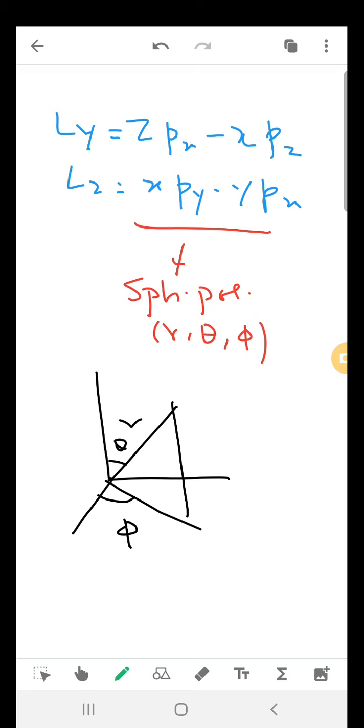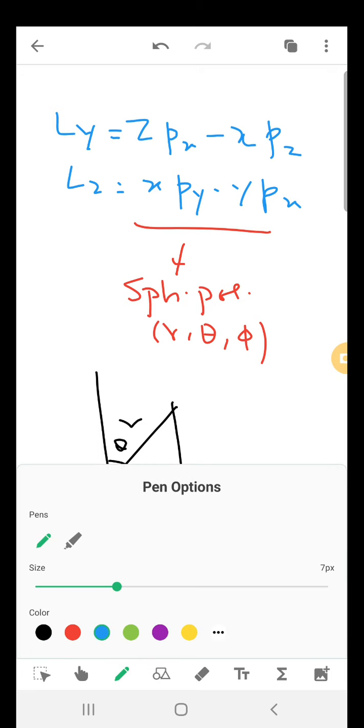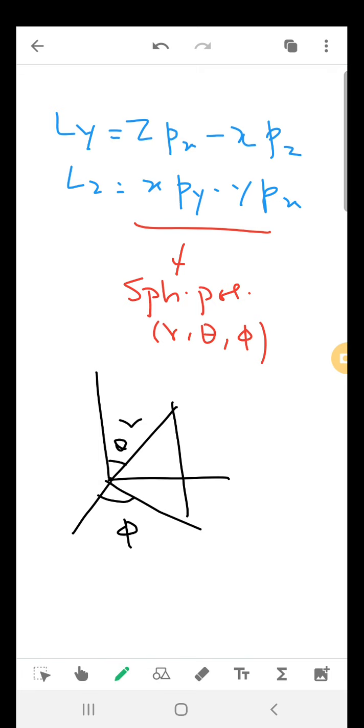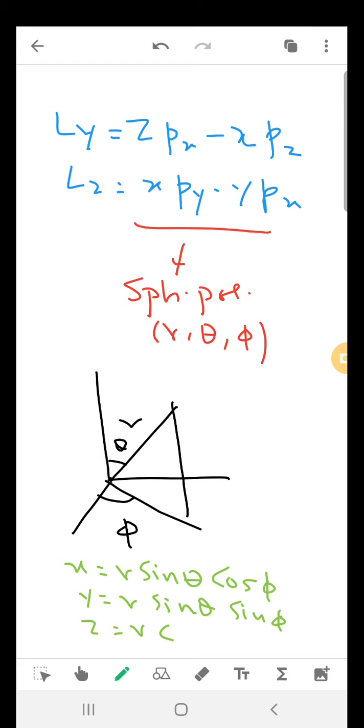So we can write the following equations. x is equal to r sin theta cos phi, y is equal to r sin theta sin phi, and z is equal to r cos theta.